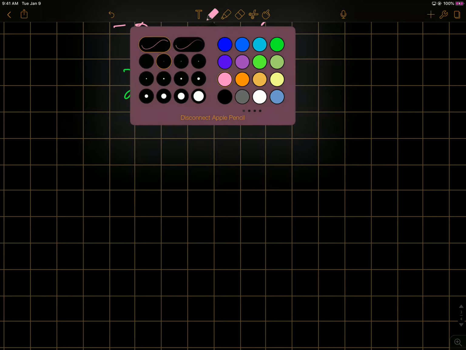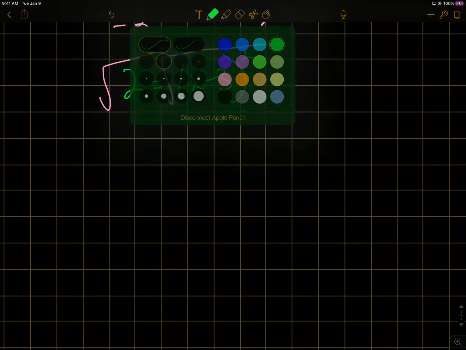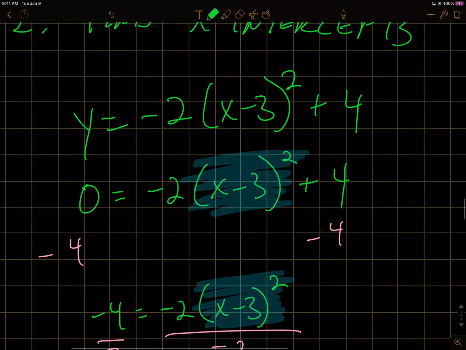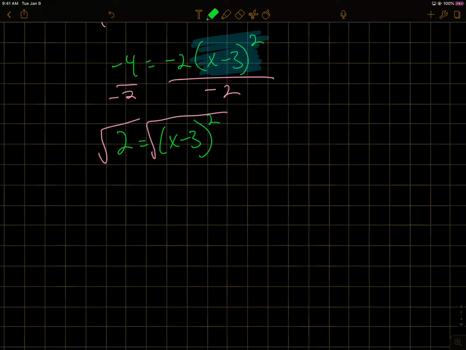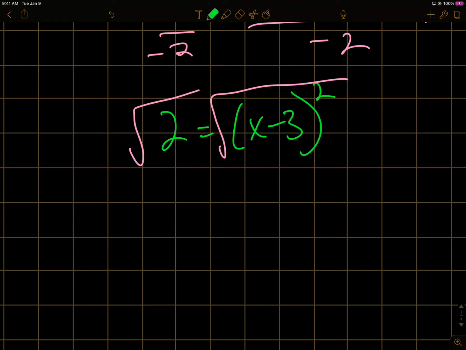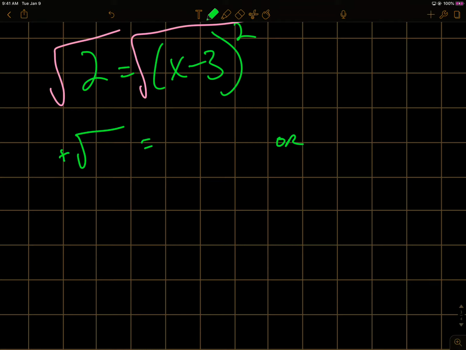That's how I get rid of the squared. Now here's the part where 2 answers are created, because we know that this thing has 2 x-intercepts for the same y value. When you take the square root of 2, you get 2 answers. You get the positive answer, and you also get the negative answer.